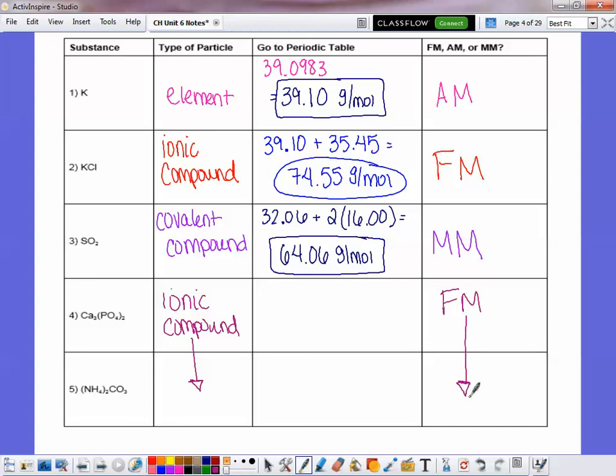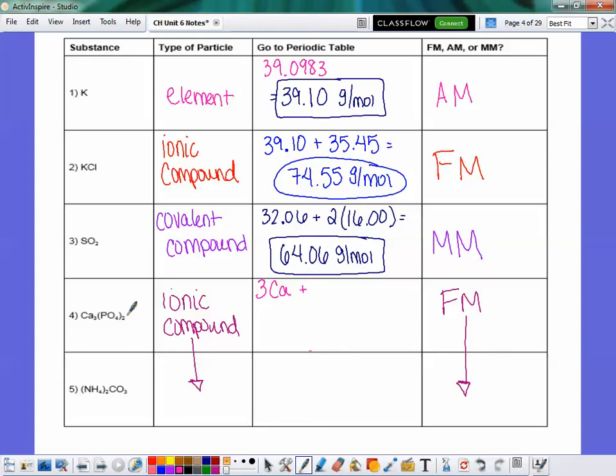Now, let me set up this first one for you. How many calciums are in calcium phosphate? You can see the subscripts better on your page. How many calciums are there? 3. We have 3 calciums. How many phosphoruses are there? 2.